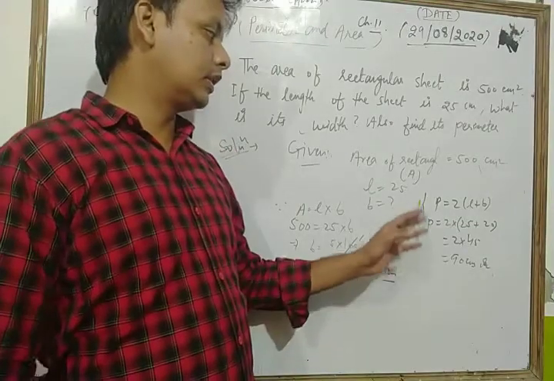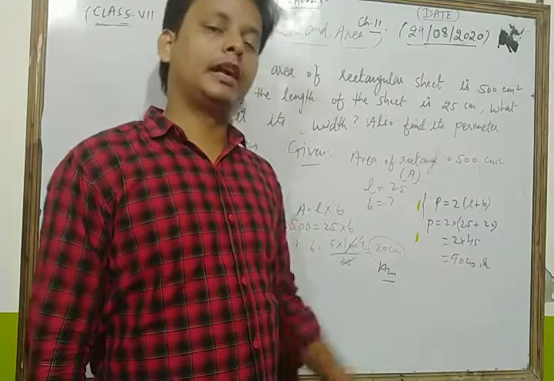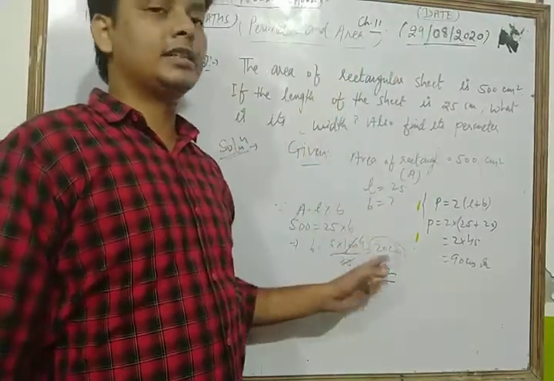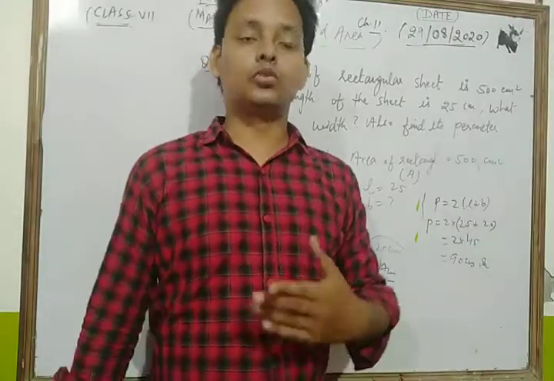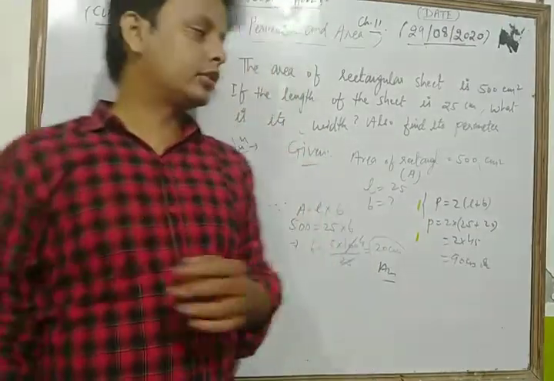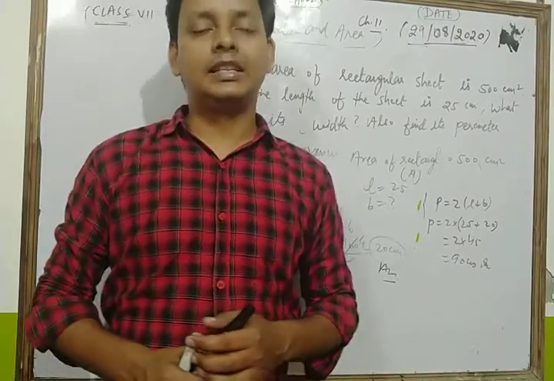Because, students, perimeter is always in centimeter, and area is always in centimeter square or meter square. So in this way we can solve each and every question of the NCERT exercise.